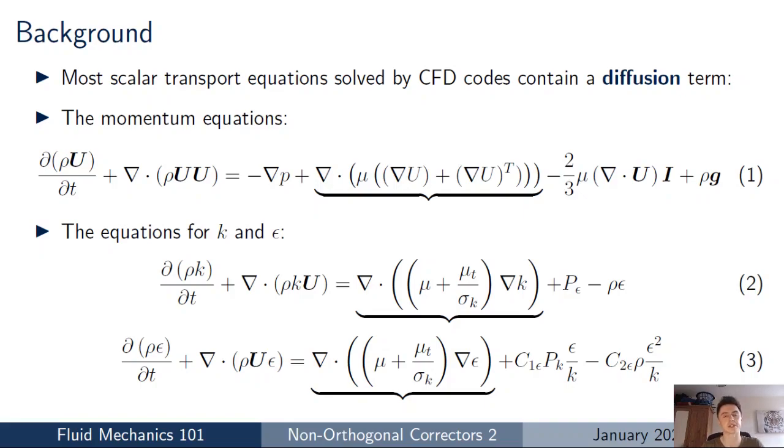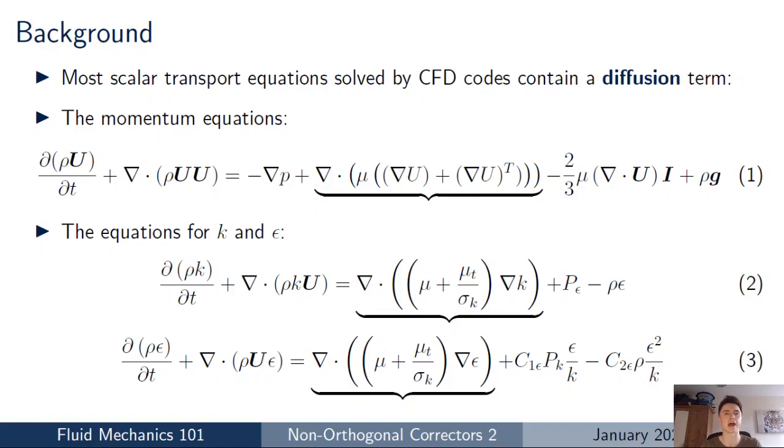For most of these, you can see that the diffusion term has a common form where it's nabla dot, or the gradient operator dot product, with some coefficient in the brackets, and then multiplied by the gradient of the quantity that's being solved in the scalar transport equation.